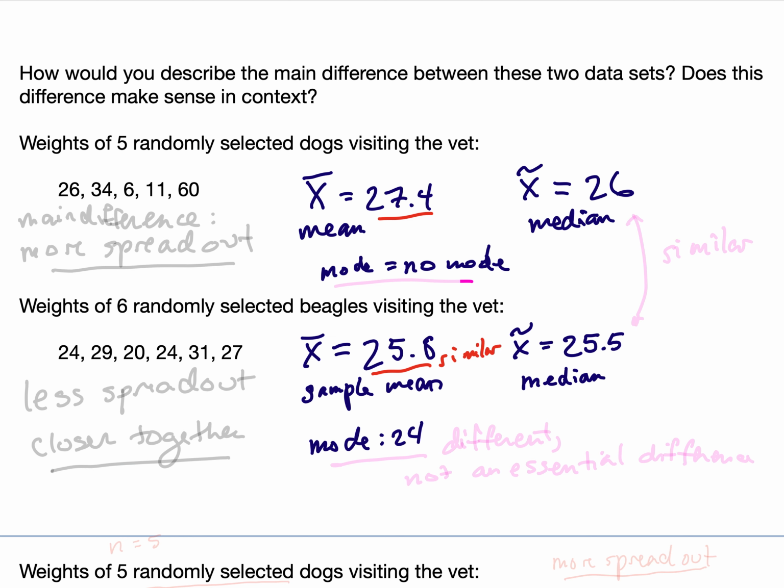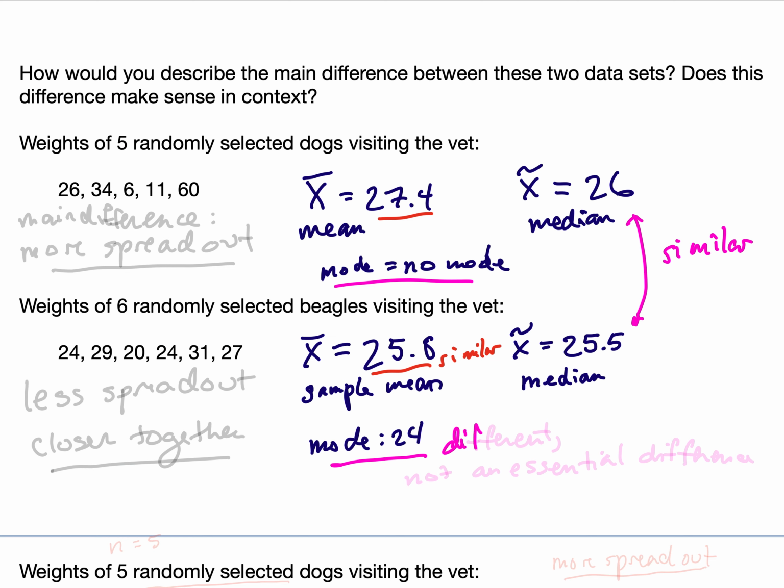What else could I compare? I could also compare the medians, 26 to 25.5. Again, they have similar medians.